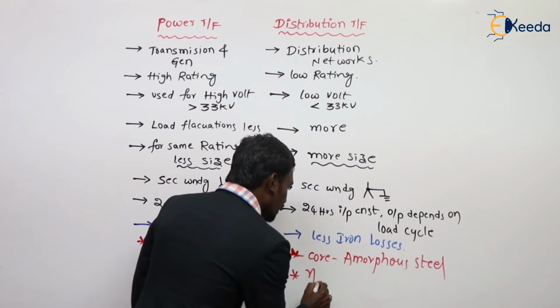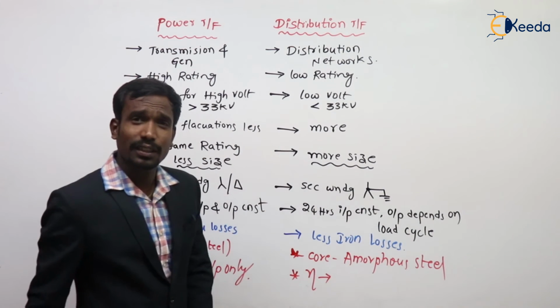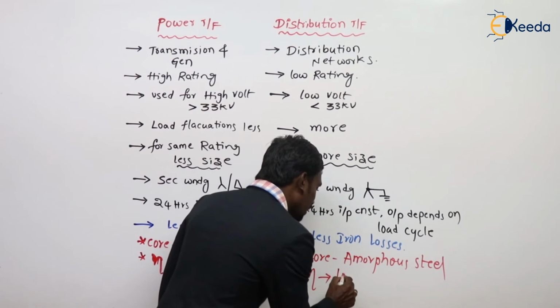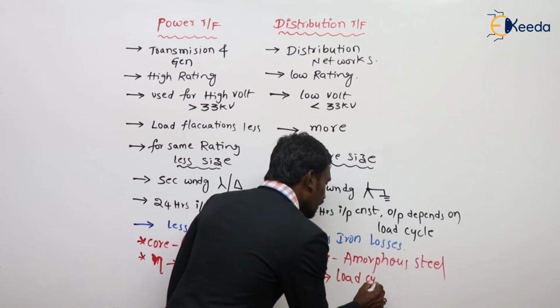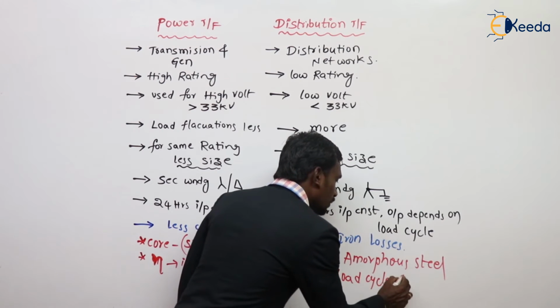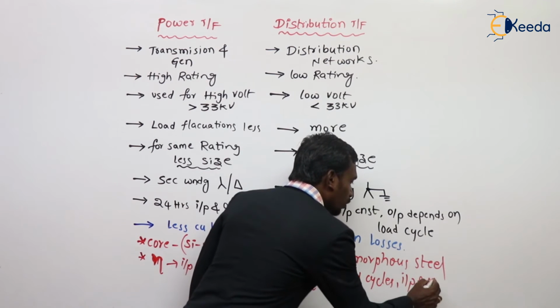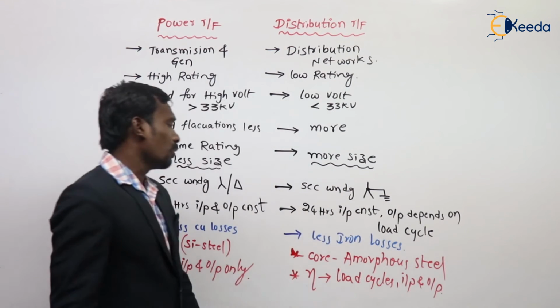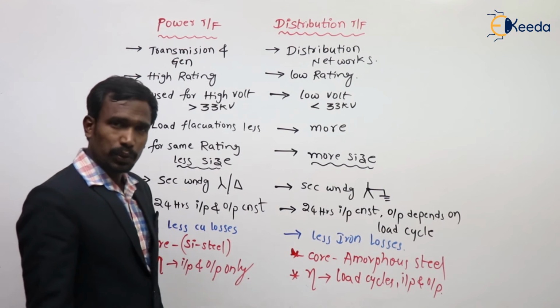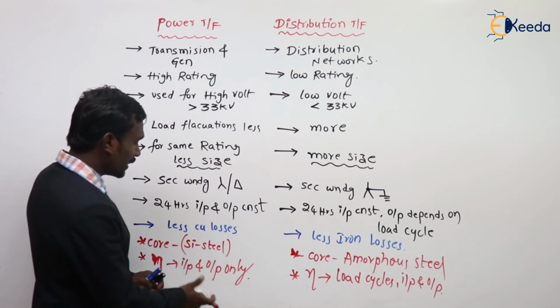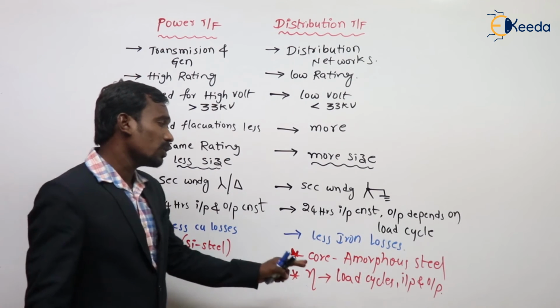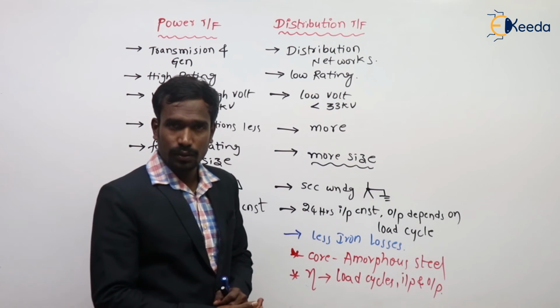But in a distribution transformer, efficiency depends on the load cycle especially. Input and output, this is important. There is no need of load cycle here, but here load cycle, input and output.